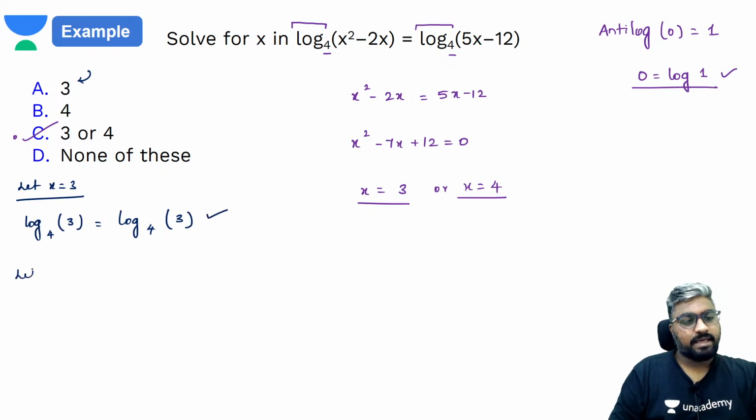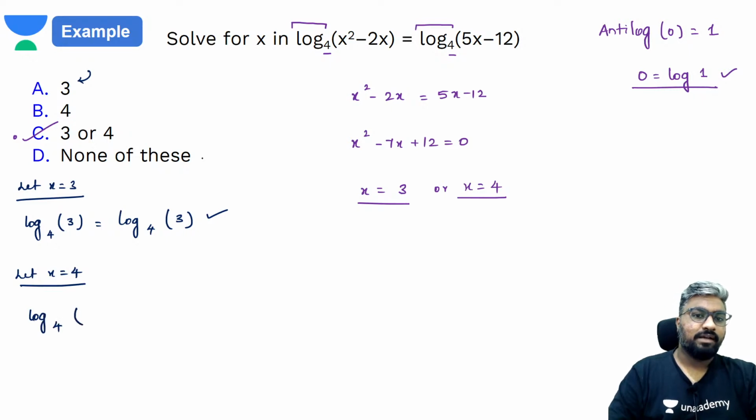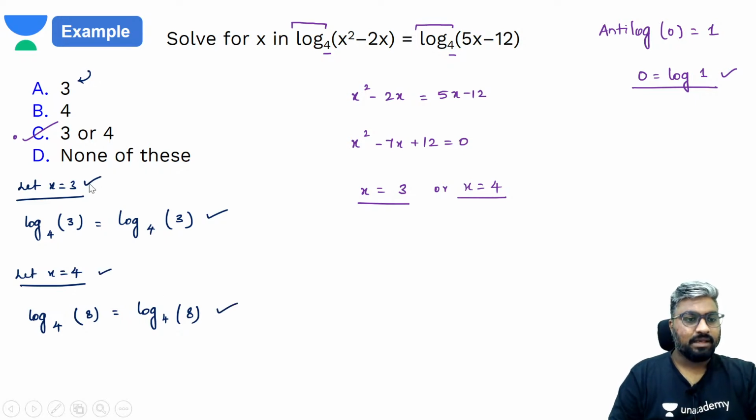Same way, if I say x is 4, we will get log base 4 of 16 minus 8, which is 8, will be equal to log base 4 of 20 minus 12, which is 8, which is true. So both these values satisfy. This is just for checking. Or if you want to go with reverse engineering, you can.